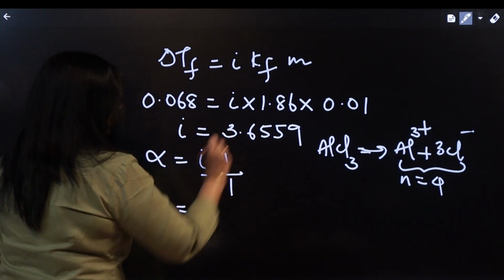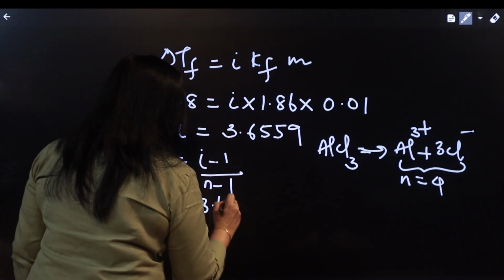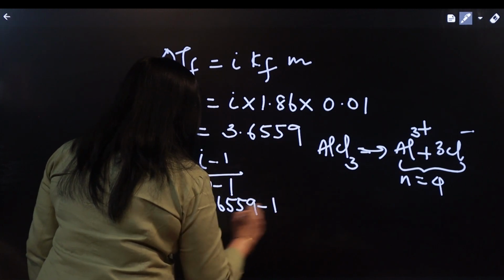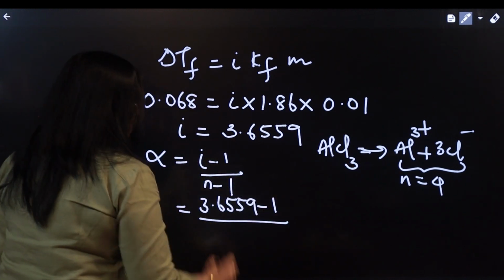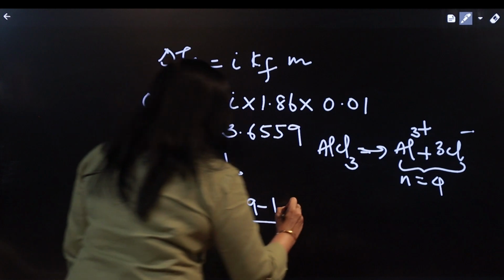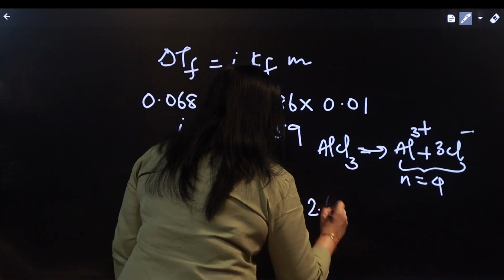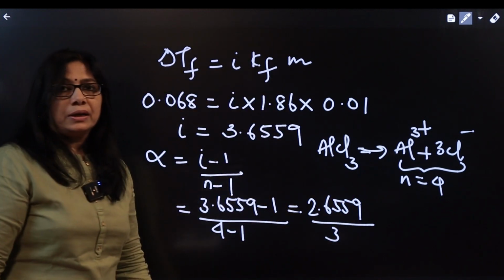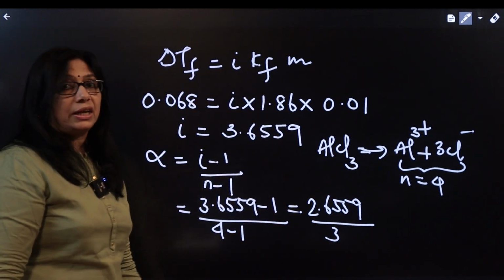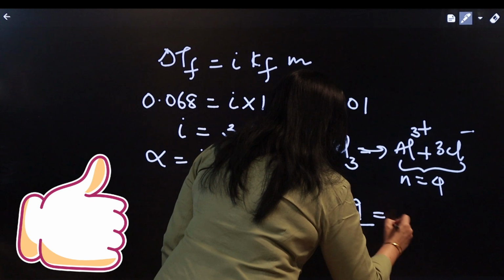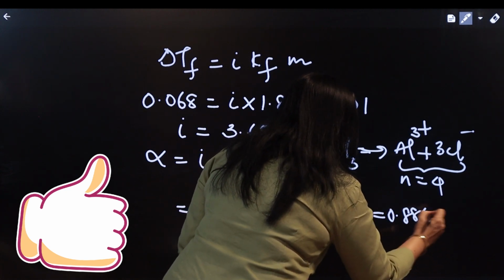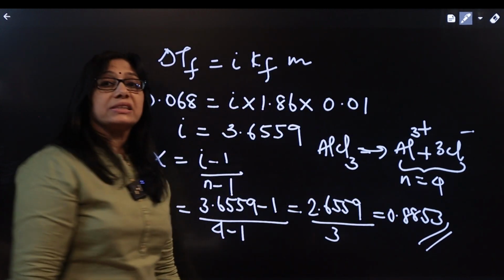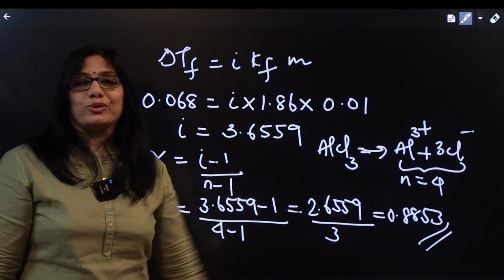So that is i is 3.6559 minus 1 divided by 4 minus 1. So you are getting 2.6559 by 3, you are getting 0.8853. This is the degree of dissociation.